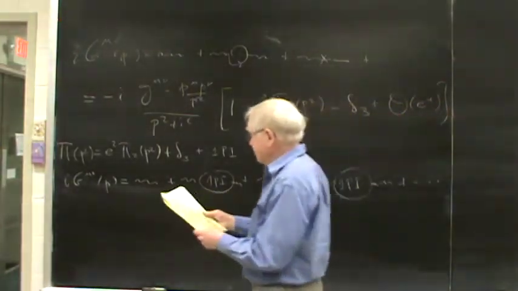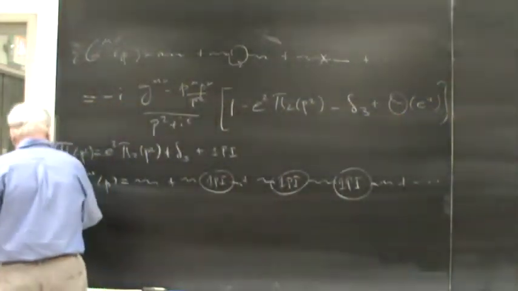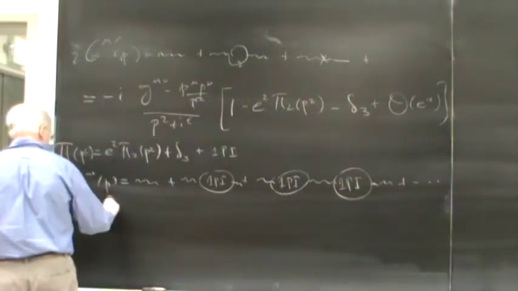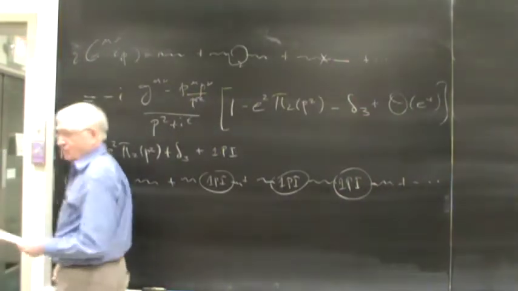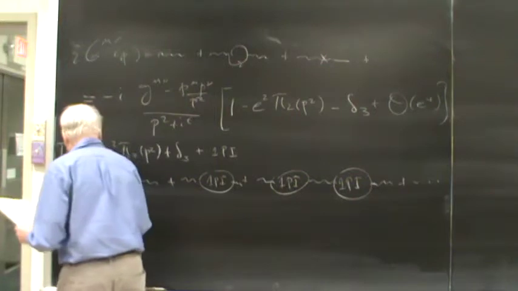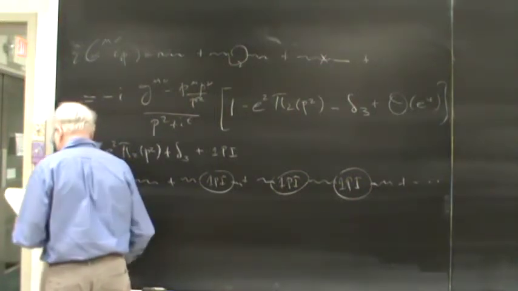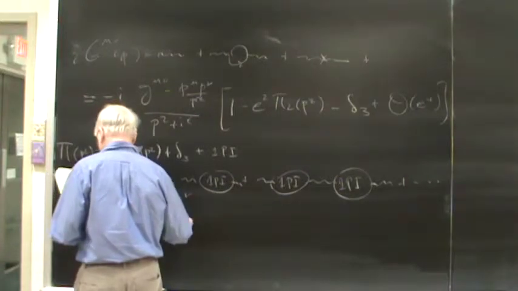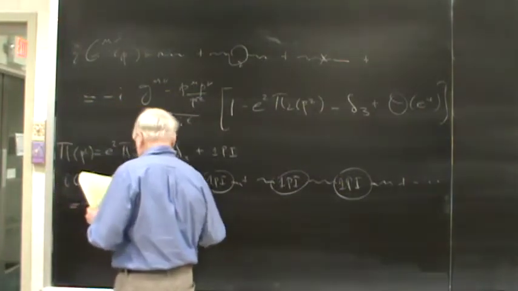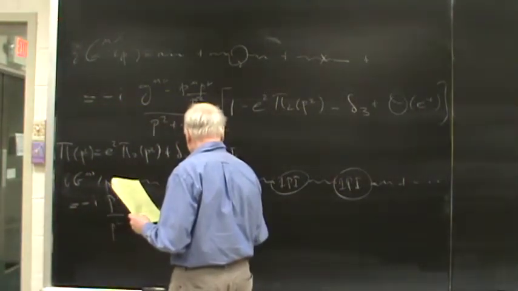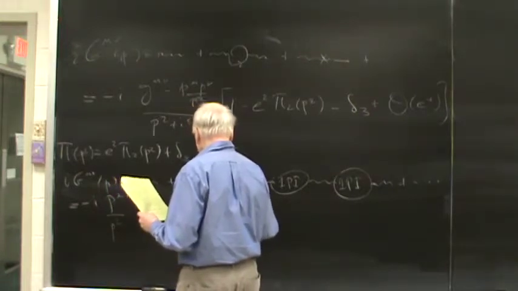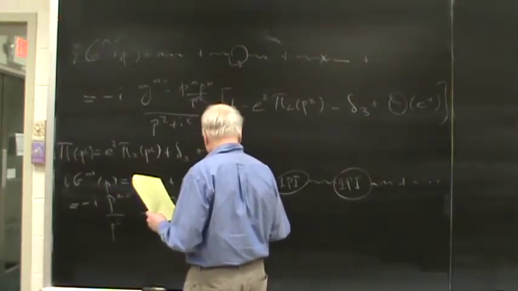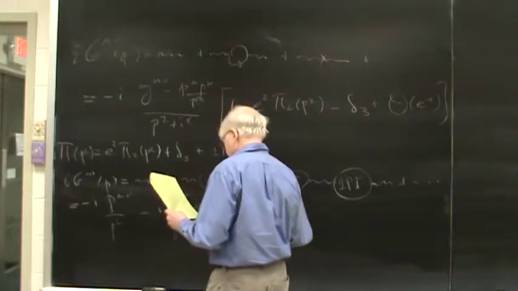Well, this thing, what is it going to be? It's going to be minus i P mu nu over p squared, I'm leaving out the i epsilon, minus i P mu nu over p squared, and then minus pi times p squared, 1 over p squared.